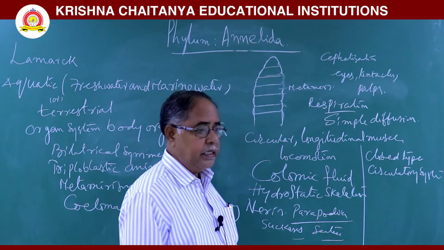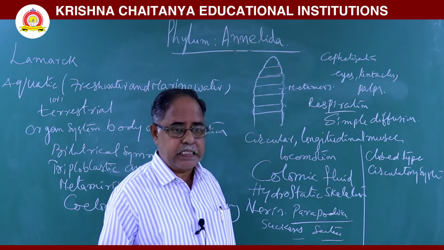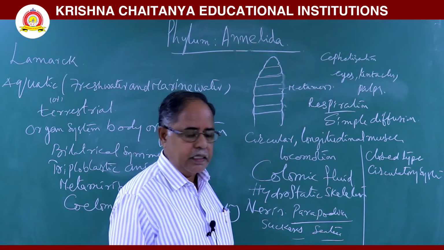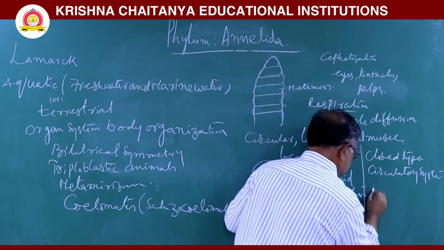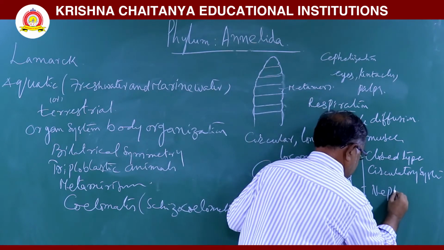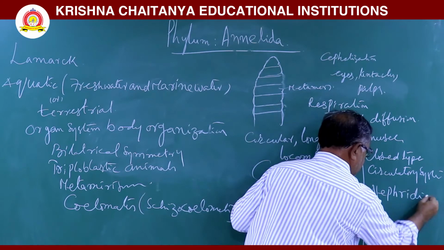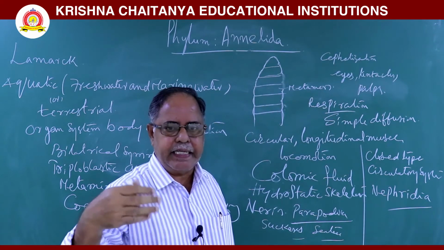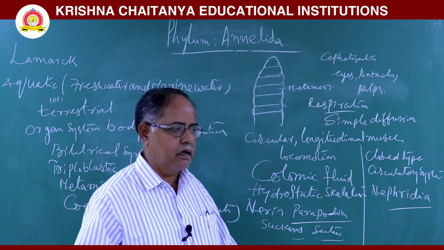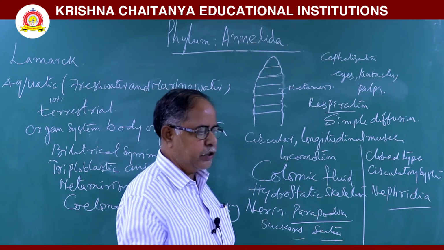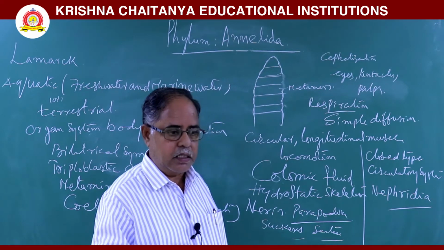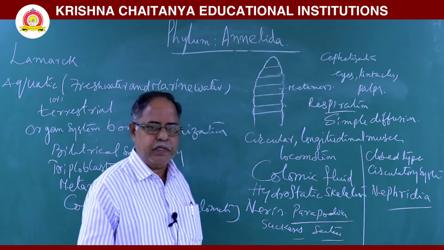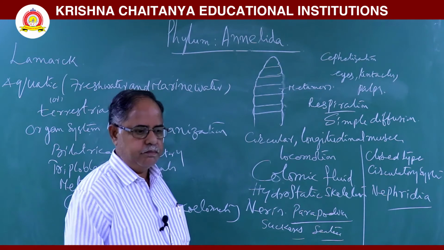Next, in the excretory system, coiled tube-like structures called nephridia act as excretory organs. They originate from ectoderm.